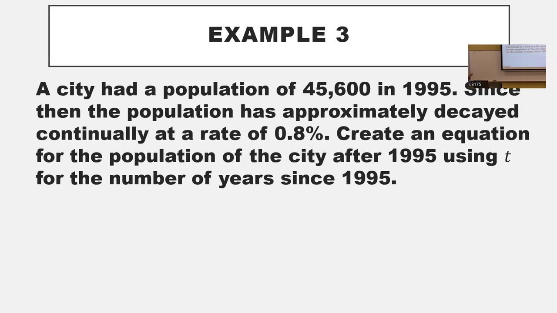Create an equation for the population of the city after 1995 using T as the number of years since 1995. So that means T of 0 will represent 1995, T of 1 represents 1996, and so on.